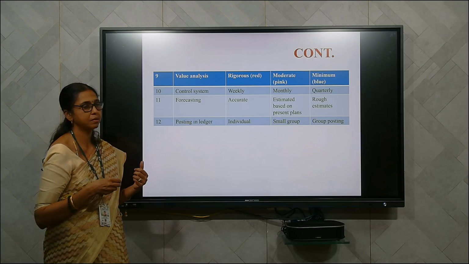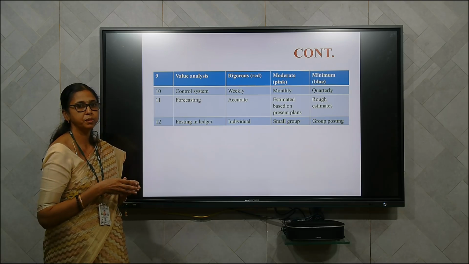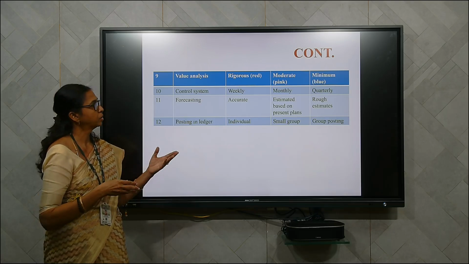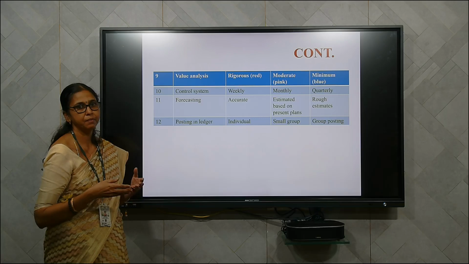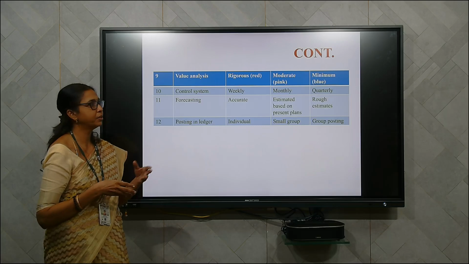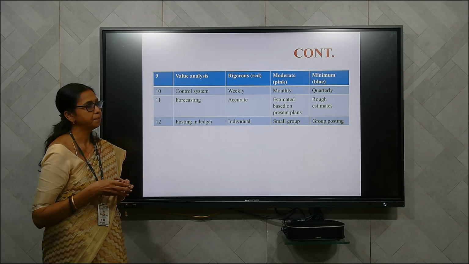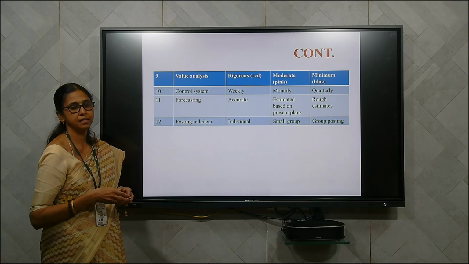For B items you can combine them into small groups and maintain a ledger. For C items you can group them, for example stationery. Stationery may be pen, pencil, eraser, ink. Everything can be grouped into one item, and you can maintain stationery as a single ledger. So these are all the major differences between A, B, and C items.